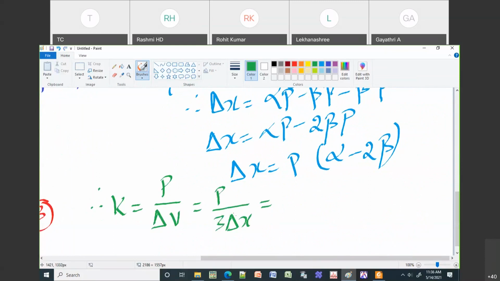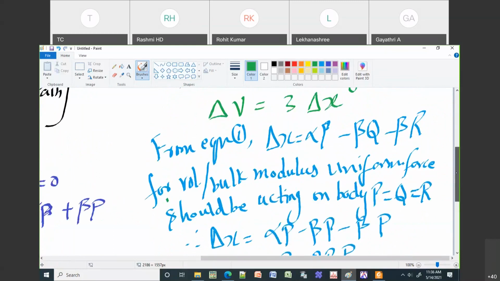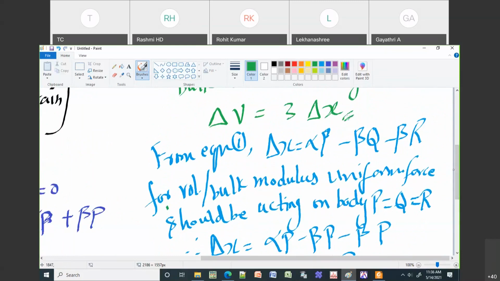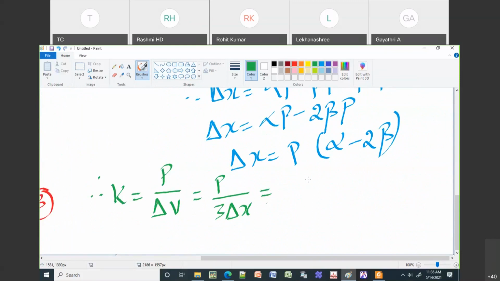So from this relation of delta V equal to 3 times delta X, I'm going to write P by 3 times delta X, and then from here I'm going to substitute for delta X.